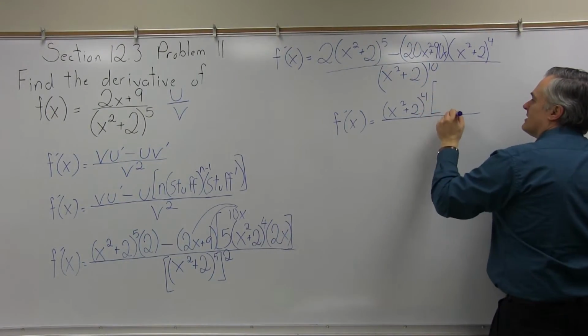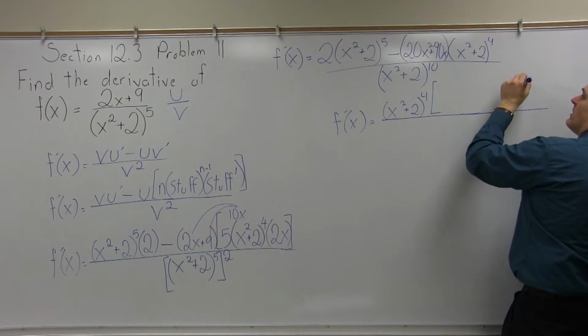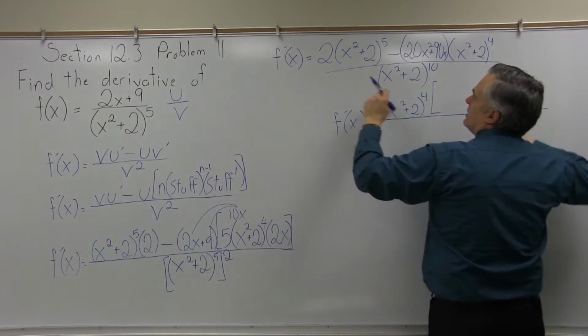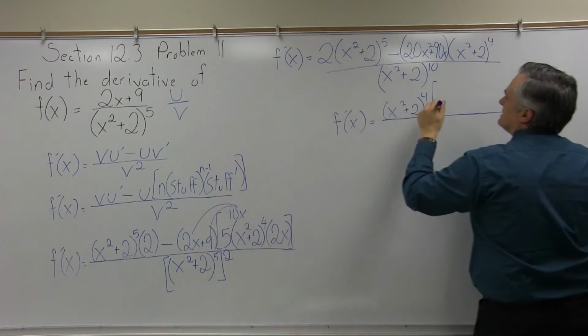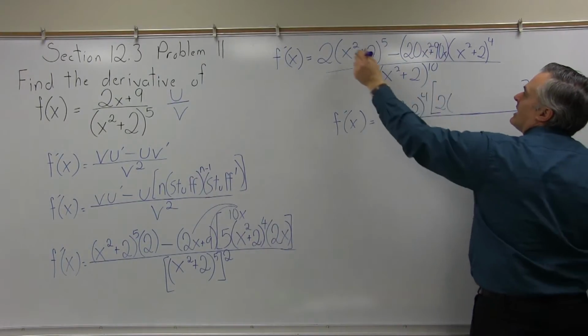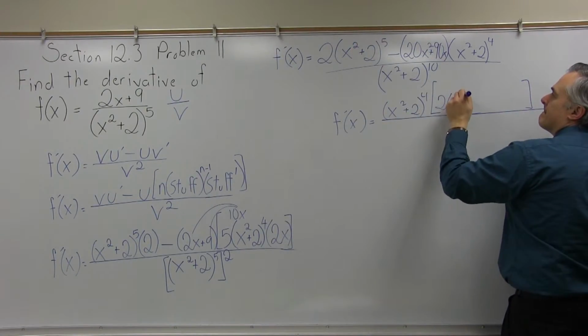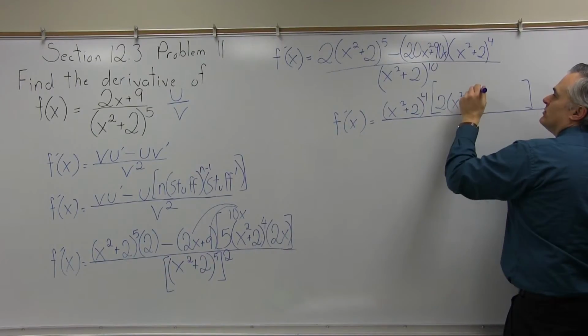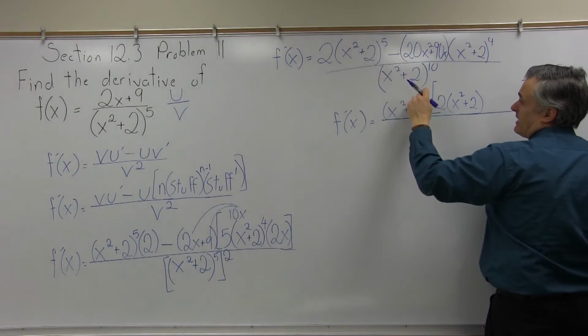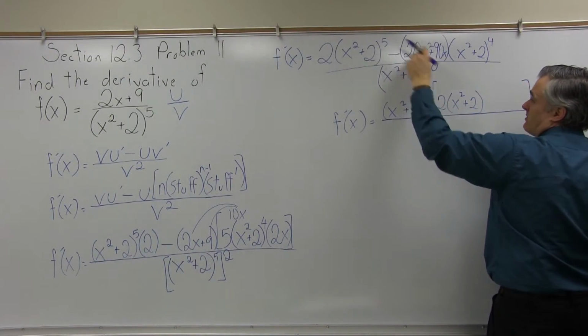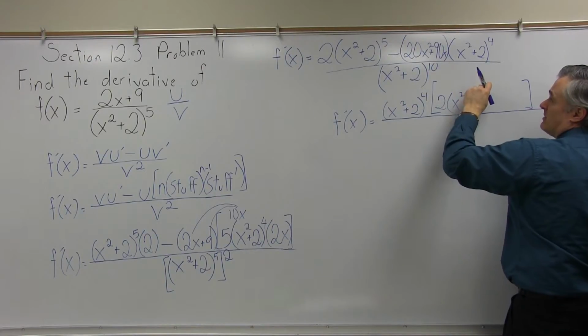And let me set that off what's left with some brackets. So from the first piece, the 2 is still there, times (x squared plus 2) just to the 1st power, because when you take out a 4th power from a 5th power, this is going to be 1st power.